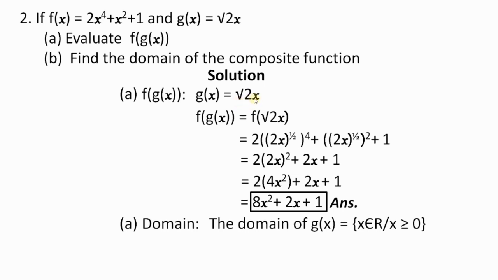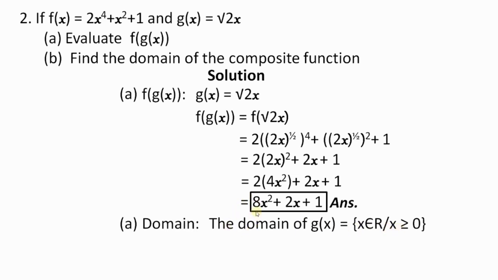So the domain for g of x will be x is a set of all real numbers such that x is greater than or equal to 0. So x can take on the value of 0 and any positive real value, but not negative numbers. That would be the domain for the inner function g of x.